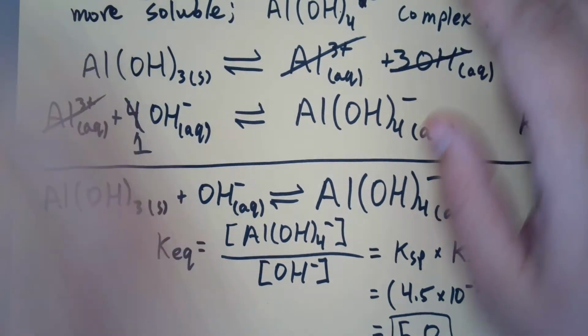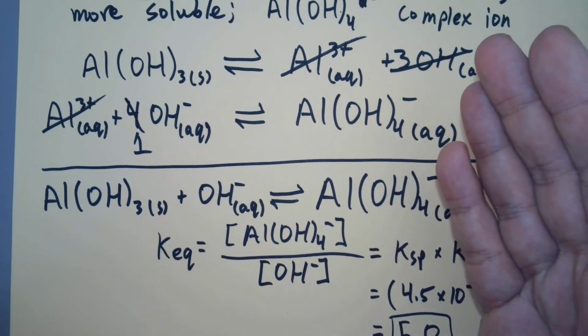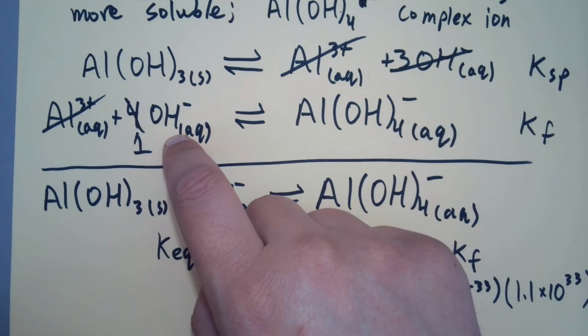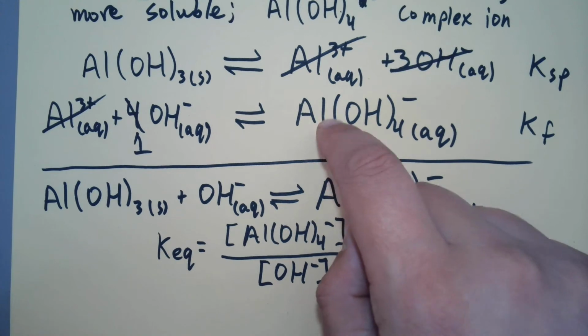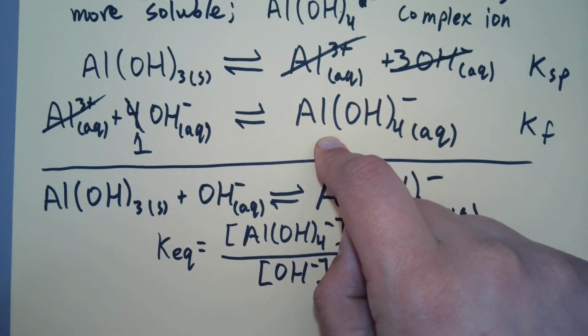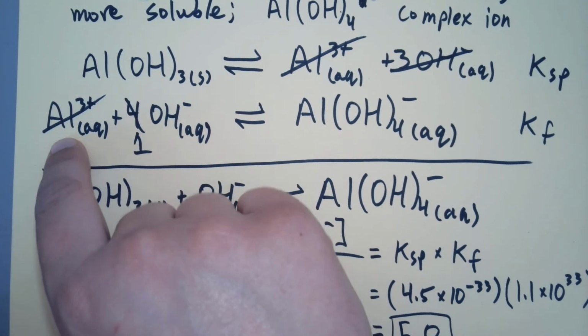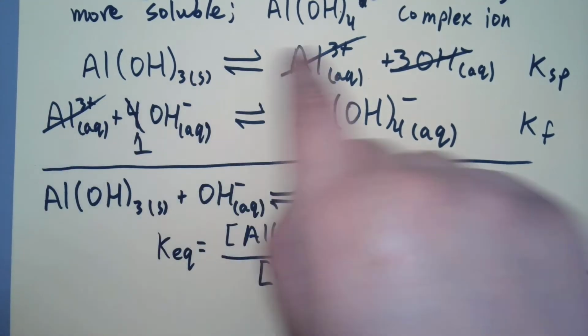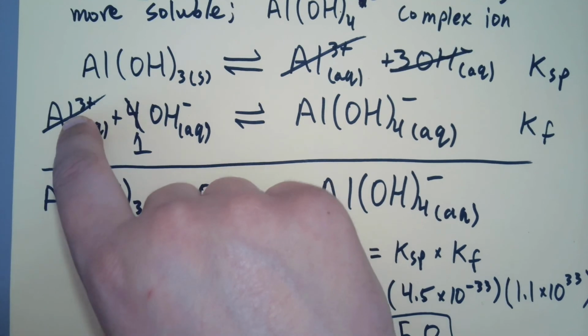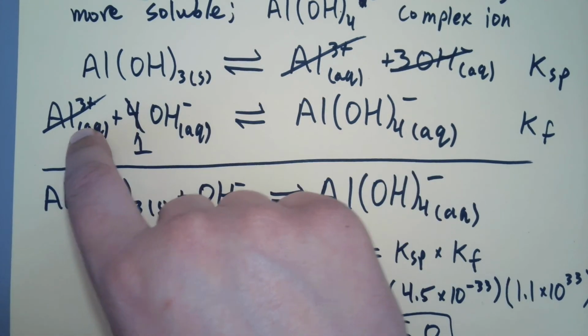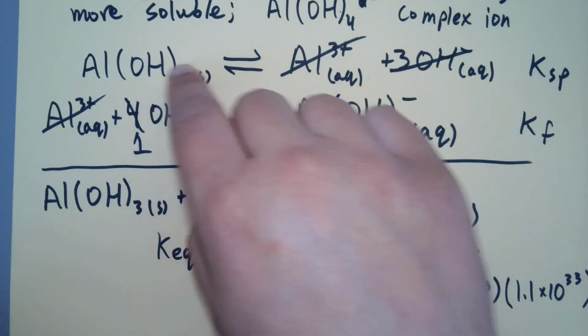But again, Le Chatelier's principle can explain this. If I add enough hydroxide, this shows up in a significant amount. It's going to remove my aluminum ion, that's my common ion, as well as the hydroxide a little bit. But this will be the big one because it completely cancels. And so this system is going to shift right.